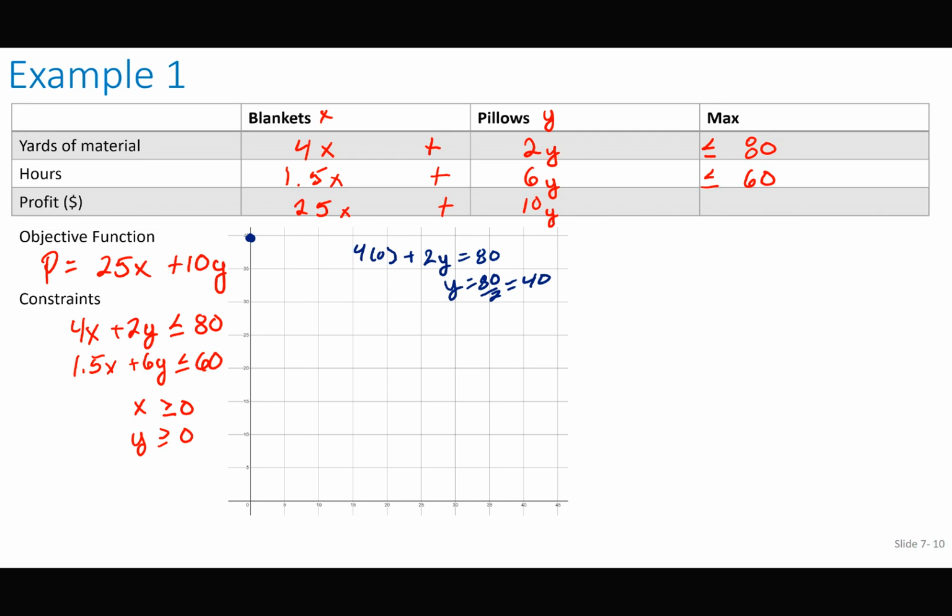You have a different graph that you can see a little better on yours. And if I set y equal to 0, 4x equals 80, so x would be 20. So that's going to cross here at 20. So this is my first function.